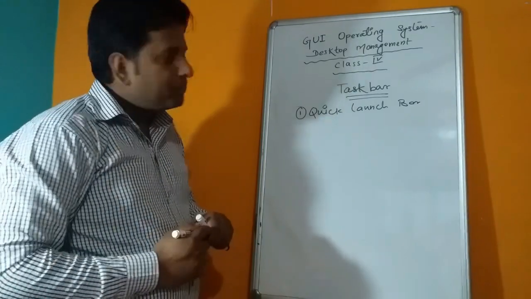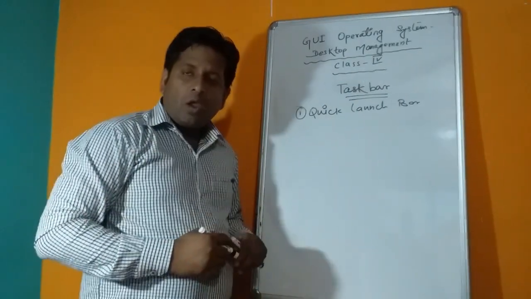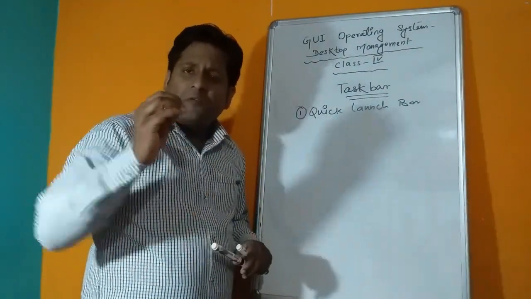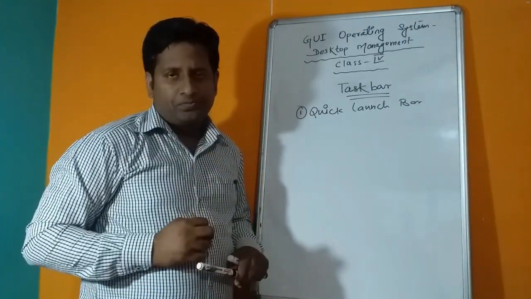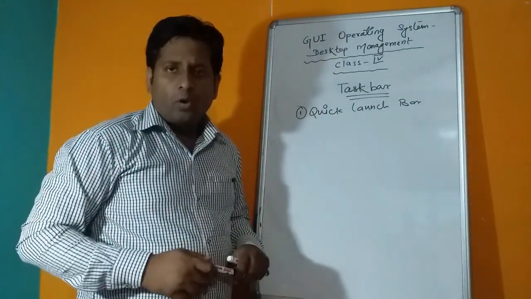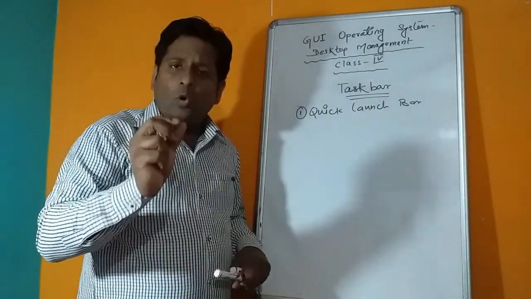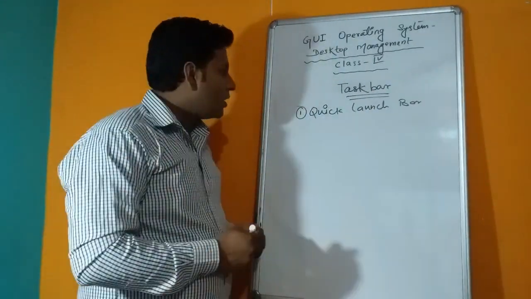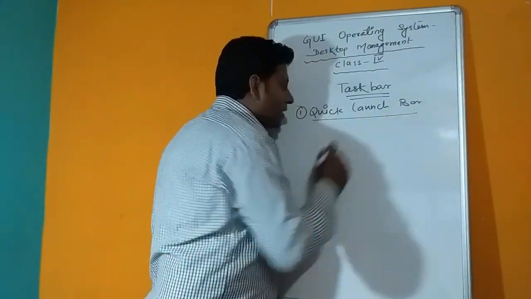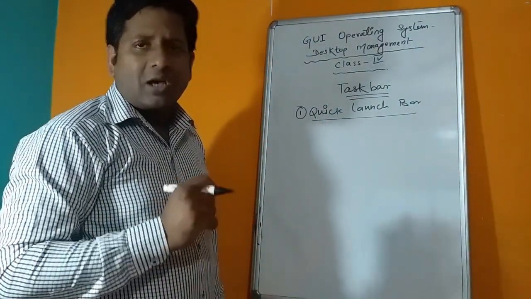The quick launch bar contains all sorts of recently opened windows. If you open Paint or Word, that Paint or Word icon will be displayed in the taskbar, in the quick launch bar. It's the middle section of the taskbar.